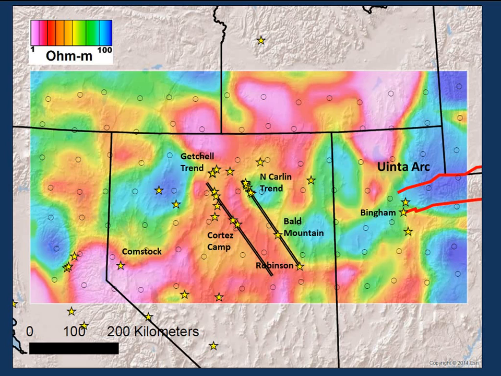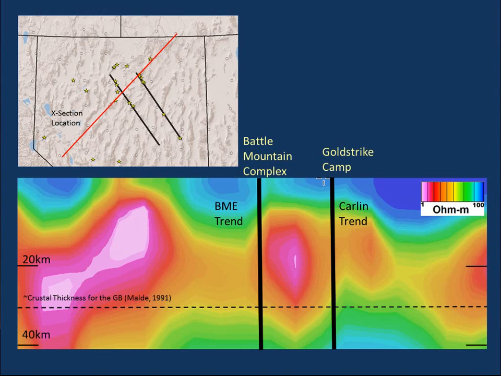This is a 30 kilometer slice. And we can see the same for the Comstock, we can see the same for the Bingham, and the Elite arc is showing up in the south. So we can look into this a little more. This is a vertical section of the same result, and the top here shows the same picture we saw before.